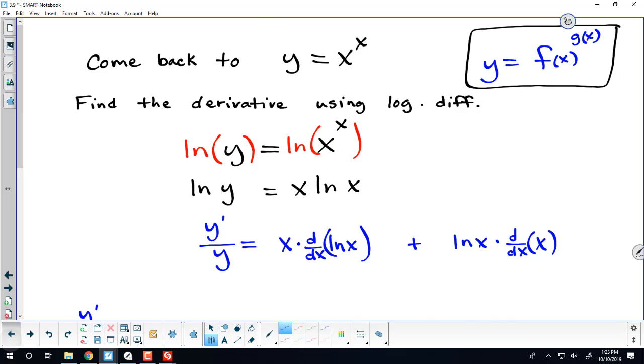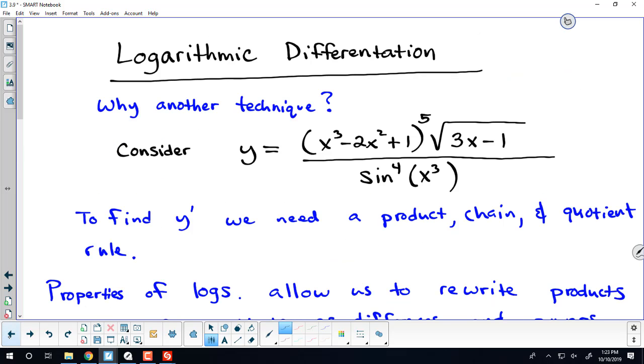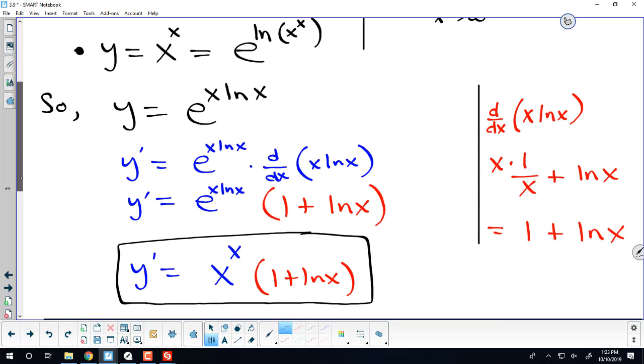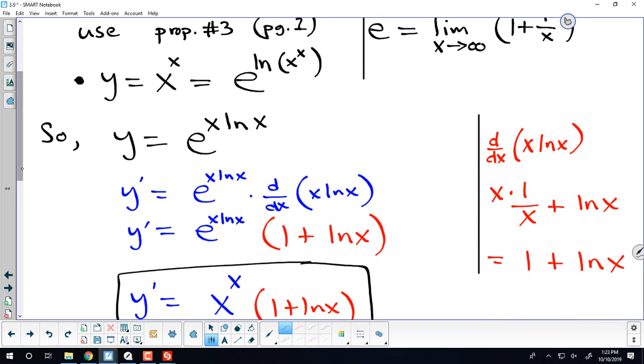However, the process that we utilized on page 7 to take this derivative will show up again when we start looking at limits on those types of functions. So it's definitely worthwhile to know this process and how to rewrite it in terms of e to the ln of that function.